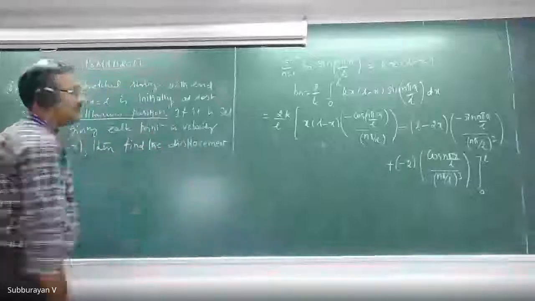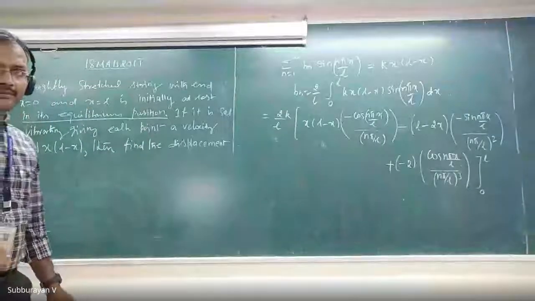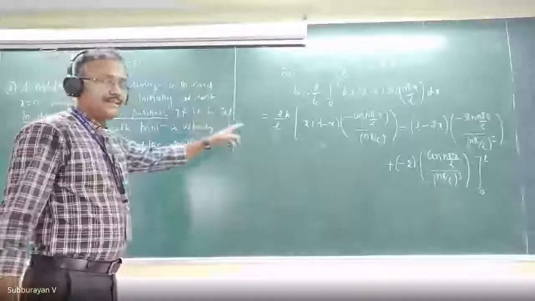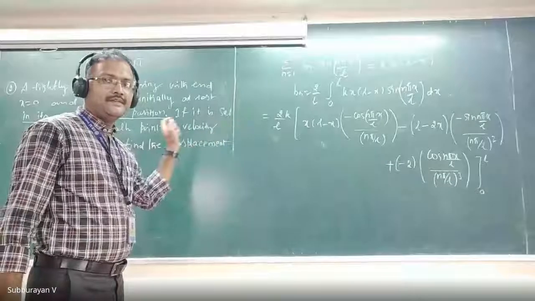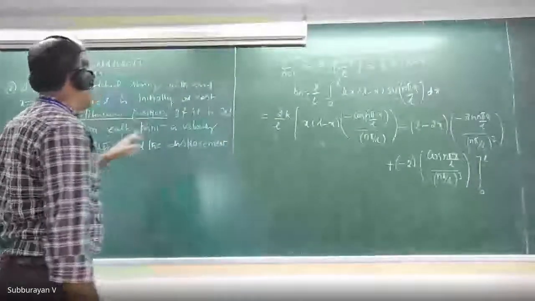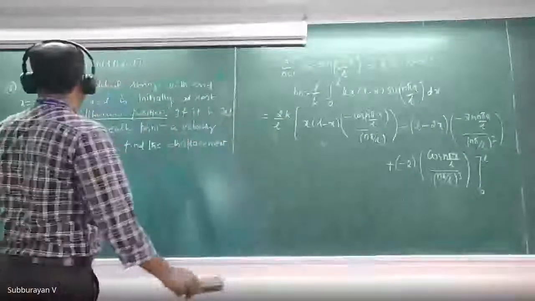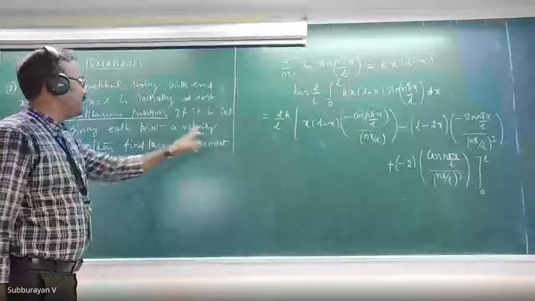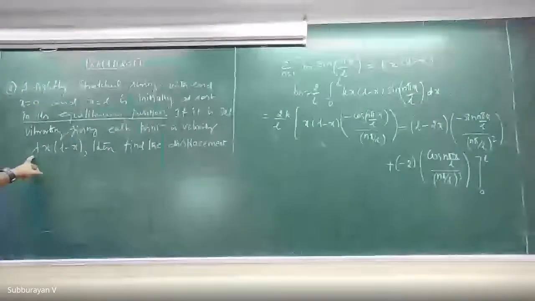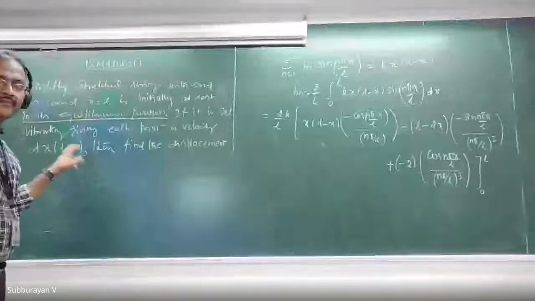Then we are giving some internal vibration along the string: giving each point a velocity lambda x into L minus x.